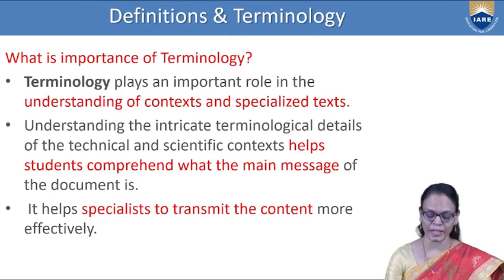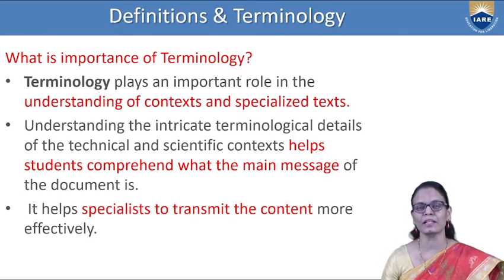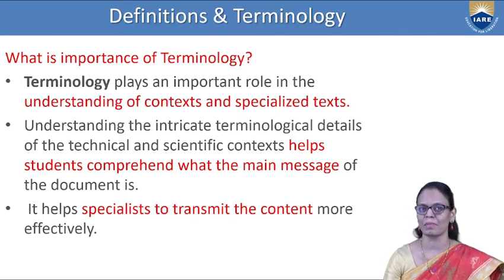Understanding the intricate terminological details of a technical and scientific context helps students comprehend the main message of the text. Not only that, it also helps specialists transmit the content in a very effective manner.